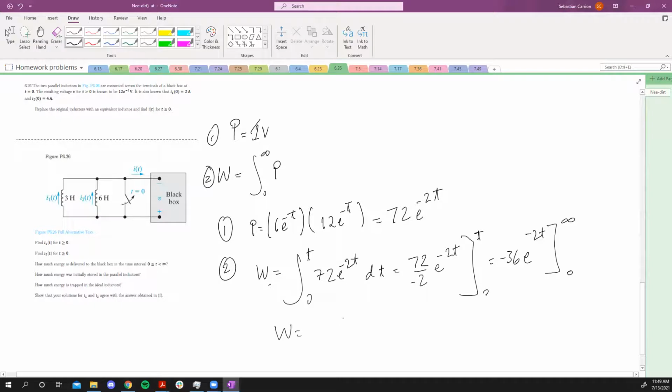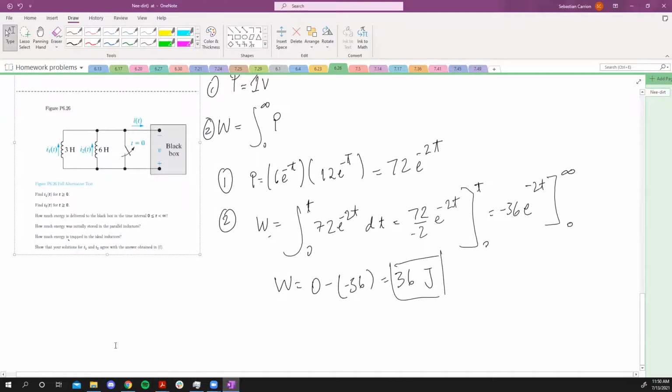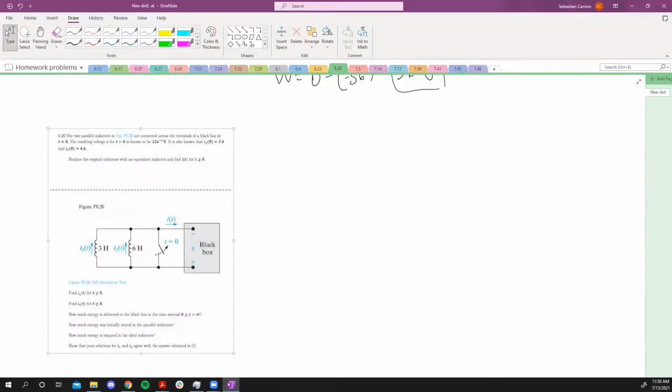Then e to negative infinity would be 0 minus negative 36, and that gives 36 joules of work. So then continue on to the next one.